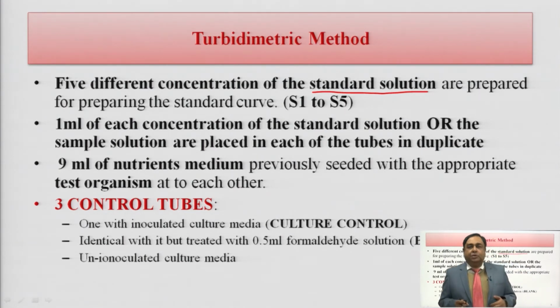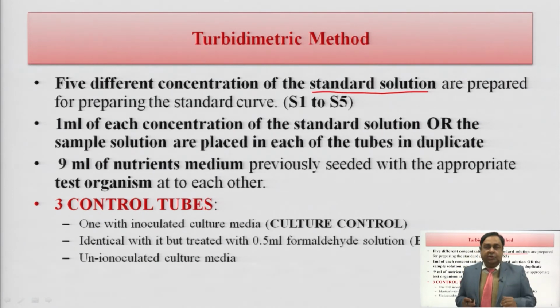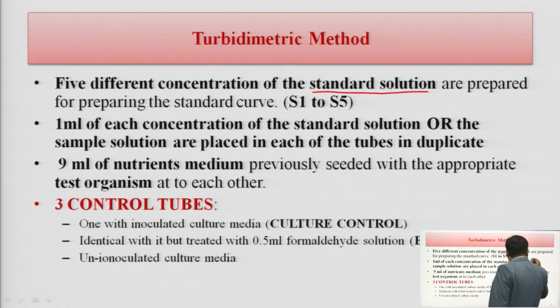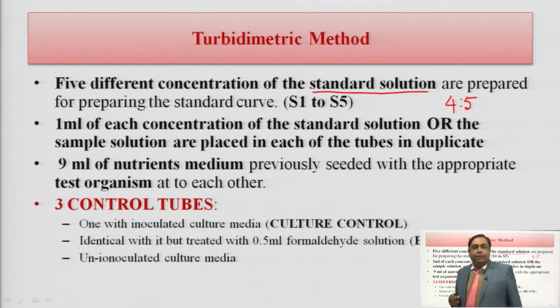Now, these concentrations are such that S1 is the lowest concentration, S5 is the highest concentration, and the ratio of the dilutions generally is 4:5.